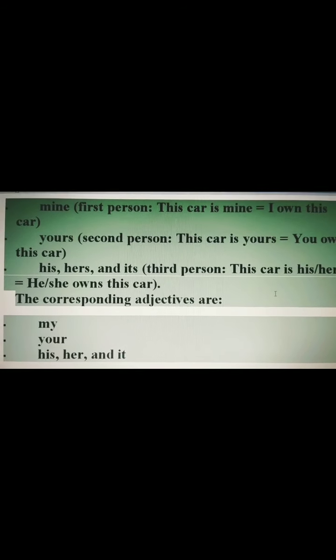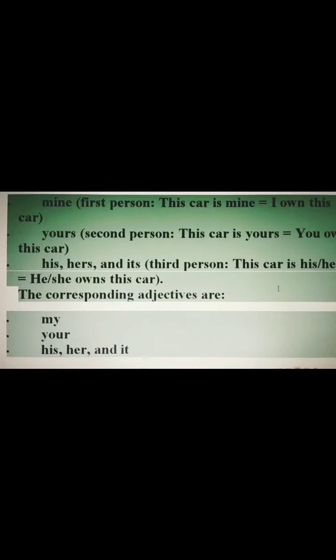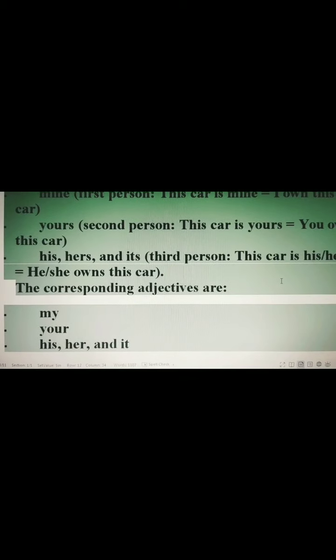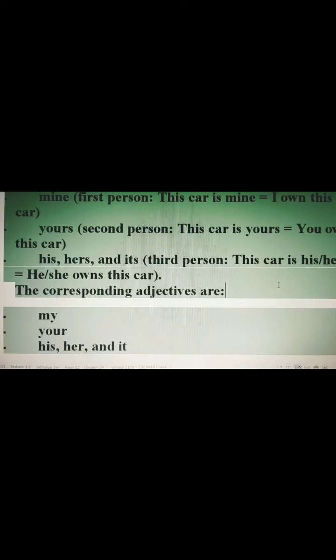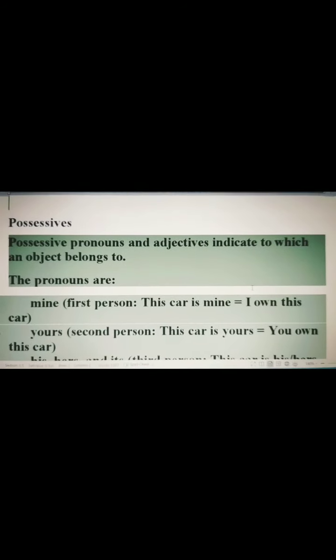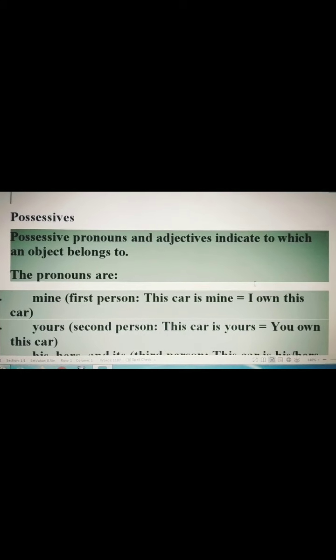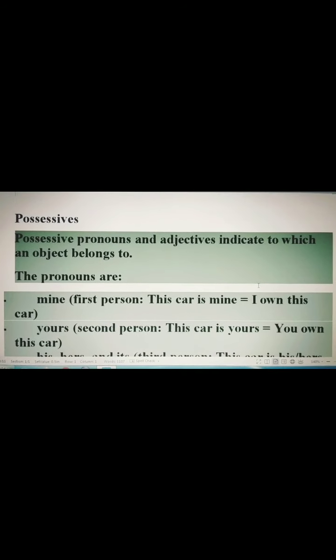That he or she owns this car. So the corresponding adjectives, we can see here, are my, your, his, her and its. So when we talk about possessive determiners, that is where you are talking about possession. We are showing the relation between the object and the person.